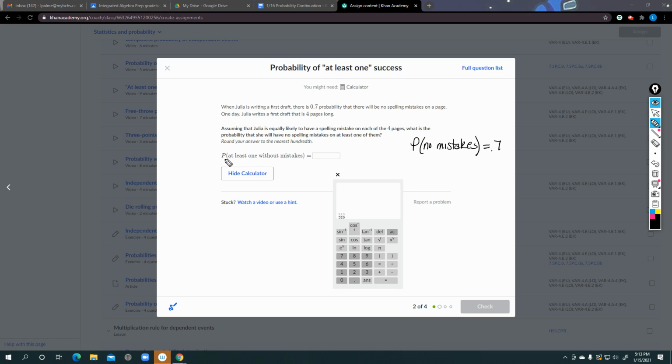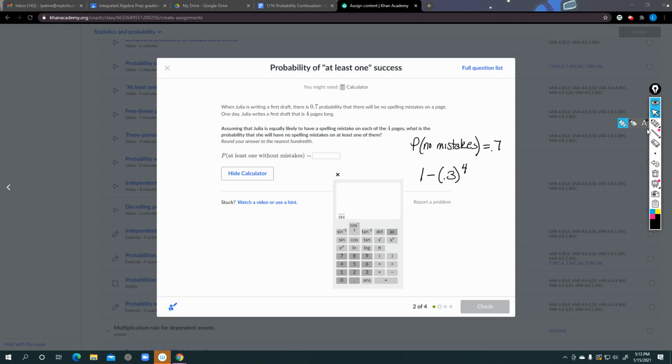So we want the probability of at least one without mistakes. So we want the complement of this, remember, so we want 1 minus, and we need the 0.3 raised to the 4th power because we know that 0.3 plus 0.7 equals 1 whole, but we need to take the complement of what we have here.